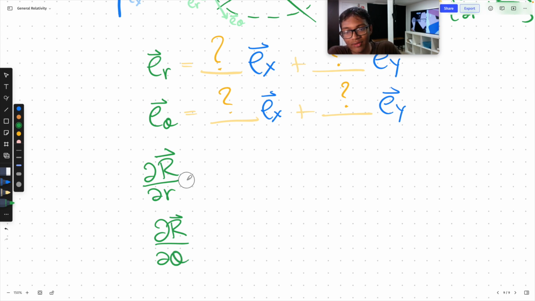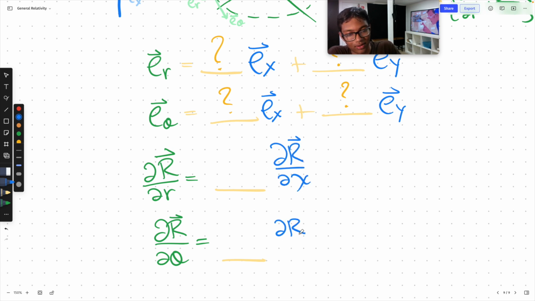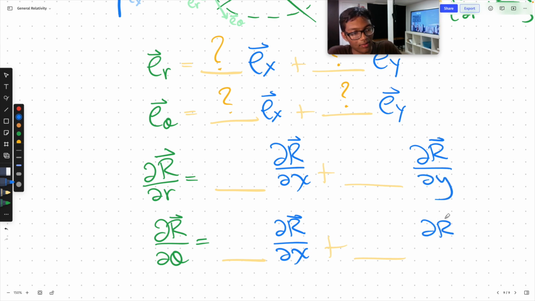And now we're trying to figure out, once again, what are the scaling coefficients that are going to take us from polar coordinates to Cartesian coordinates and vice versa. So instead of e sub x, I'm going to write partial r, partial x. Likewise here, partial r, partial x. And let's put the summation over here. And partial r, partial y. Let's switch to blue. Partial r, partial y, partial r, partial y.